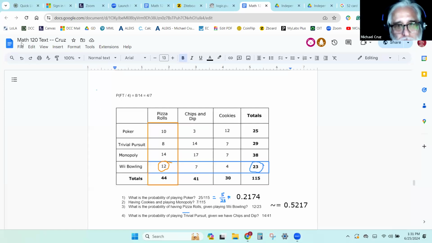And then this one, I'm doing more after this one where I turn it around. But what is the probability of playing Trivial Pursuit, given we have chips and dip? Okay.